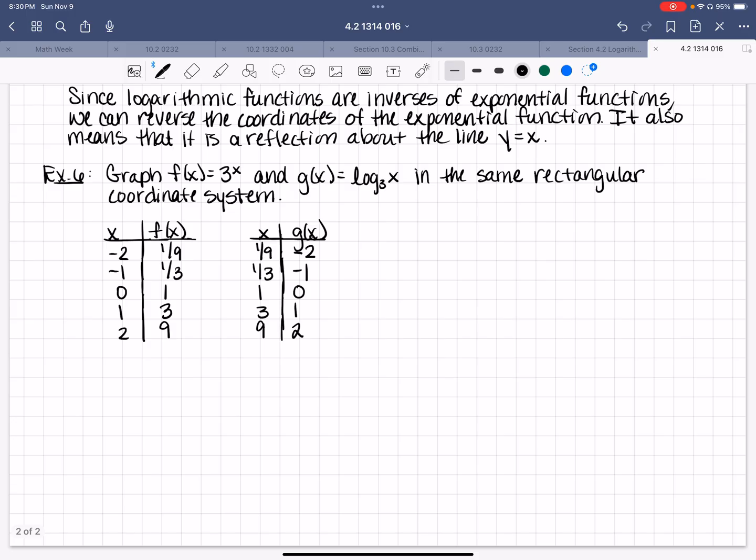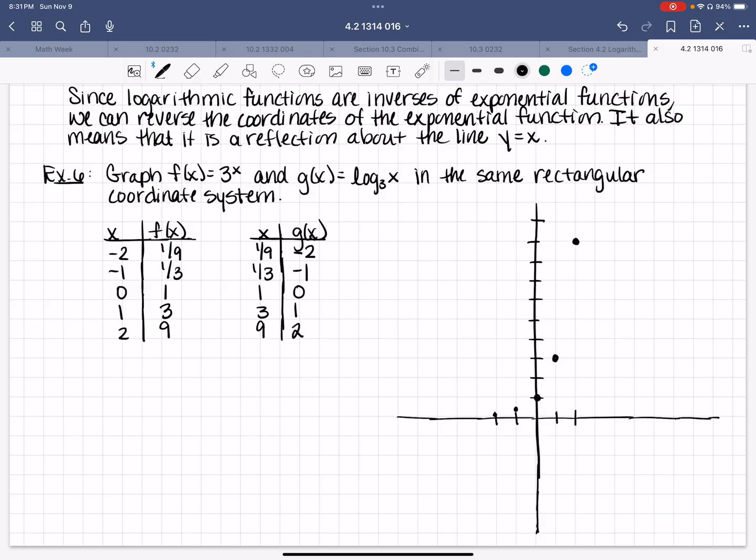Okay, so if I get ready to graph that, let's graph f of x first, that 3 to the x. -2 is going to give me 1/9. -1 is going to give me 1/3. 0, of course, is 1. 1 gives me 3, and then 2 will give me 9.